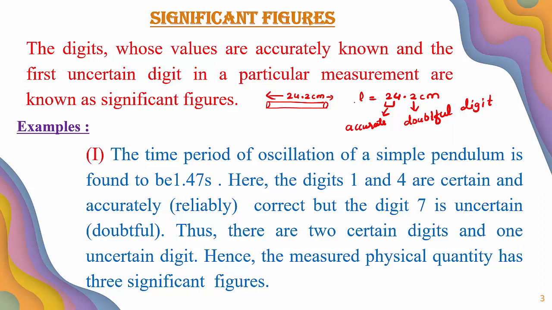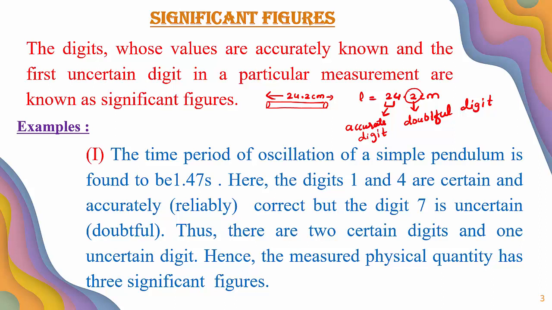That means while we are measuring the length of the rod, some error in measurement occurs. 24 centimeter, yes, it is right, but that may be 24.2, 24.1, 24.3. That number 2 is not accurate. This is the doubtful digit. Right? L equal to 24.2. 24 is the accurate digit. The doubtful digit is 2.